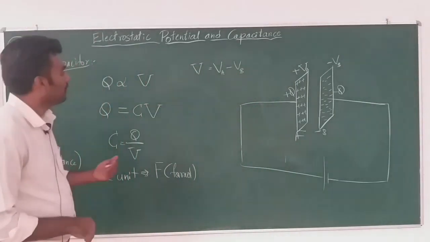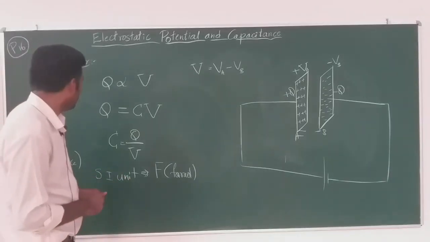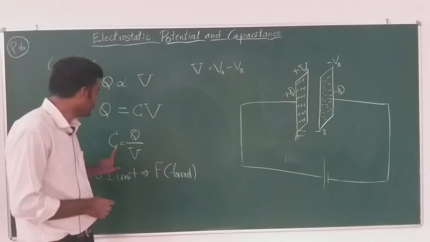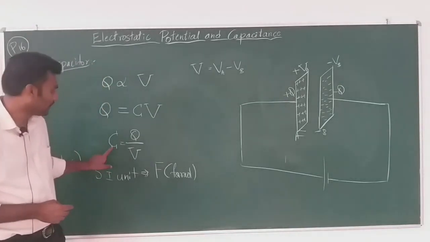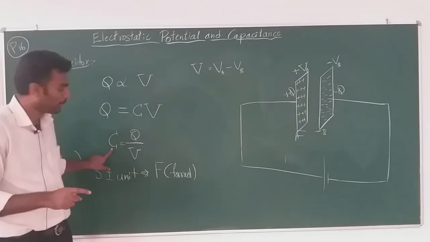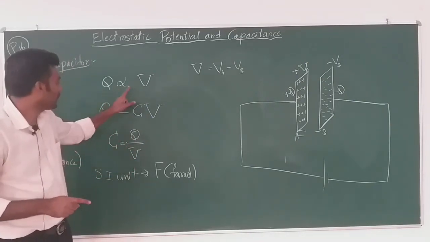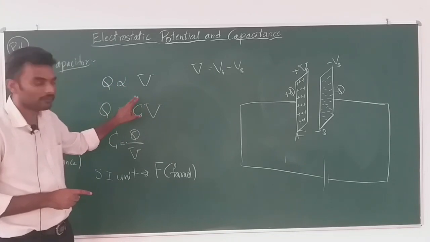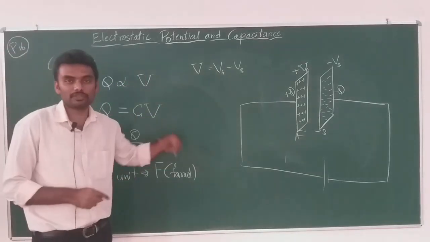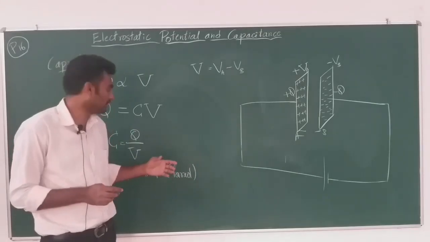Now we'll move ahead and derive an equation for this C. Now Q and V will not decide C. Q and V are actually proportional to each other, and C is the characteristic of the device chosen. It's the internal characteristic.